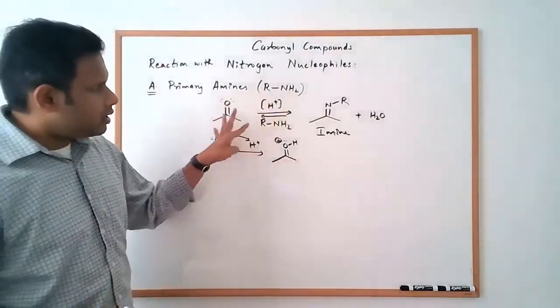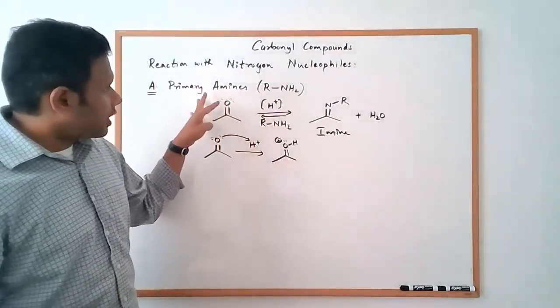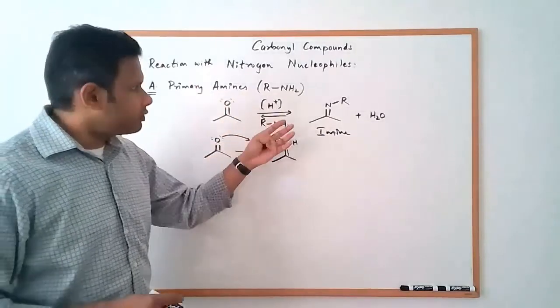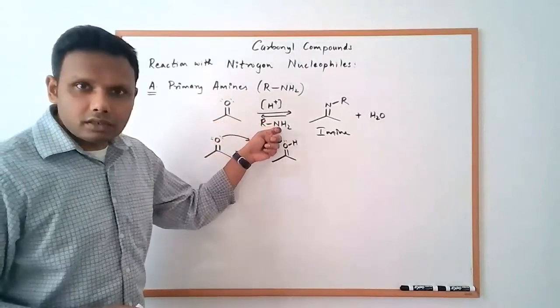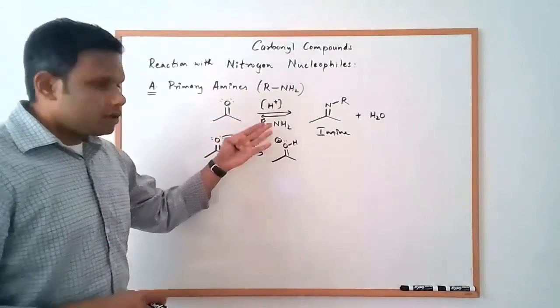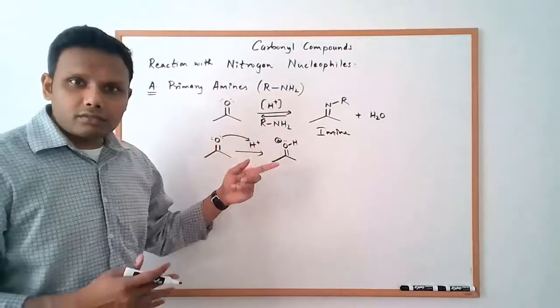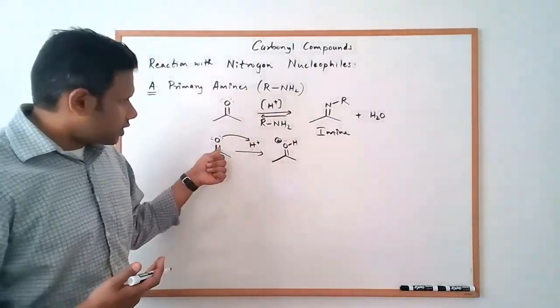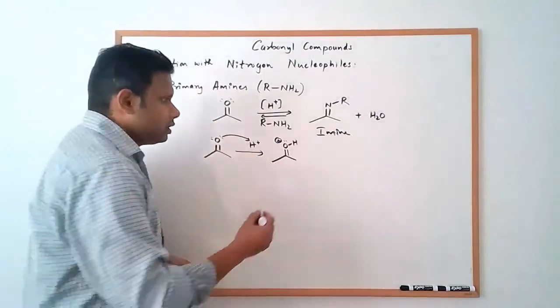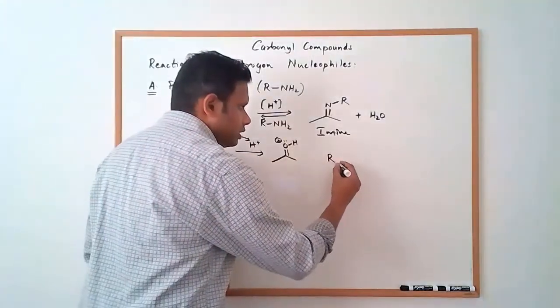But if you look at the reaction of the carbonyl compound with the amine, and if you look at the reactants, we have a carbonyl compound, we have an amine, and we have some acid. Now, under these conditions, there's another base, because this carbonyl compound here is acting as a base. So there's another base, which is the amine itself.